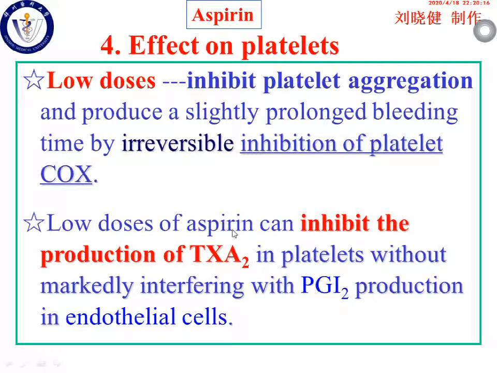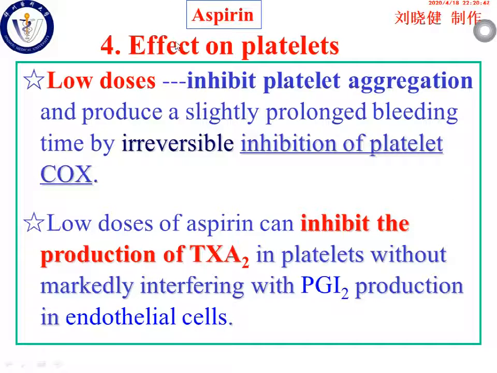And a low dose of aspirin can inhibit the production of TXA2 in platelets without markedly interfering with prostaglandin I2 production in endothelial cells, because COX-1 in platelets is more sensitive than COX in the endothelial cells.